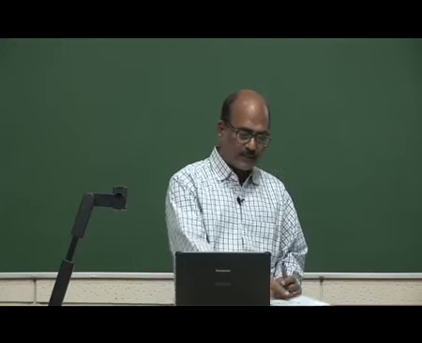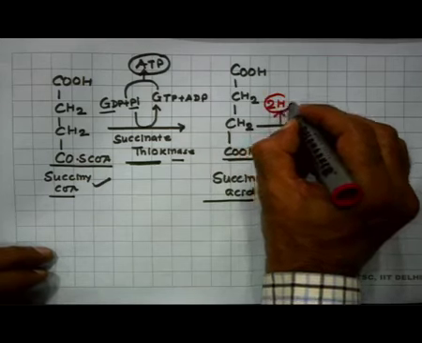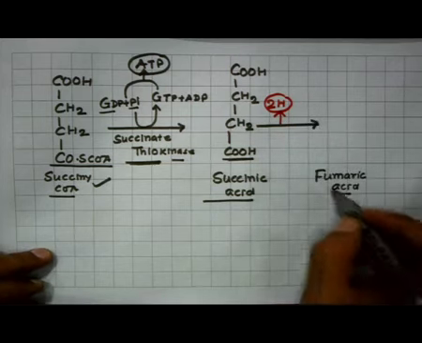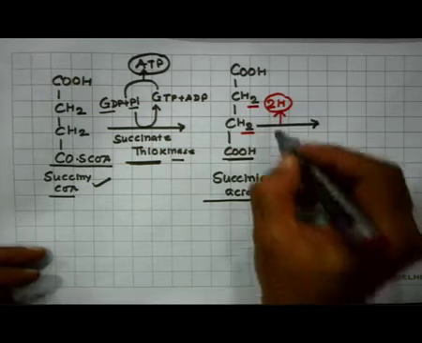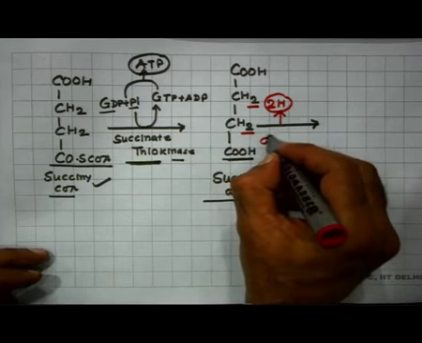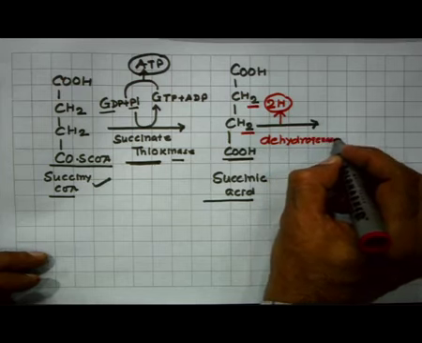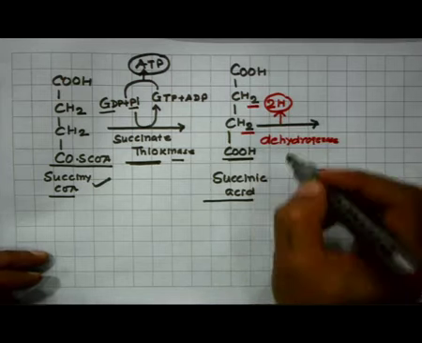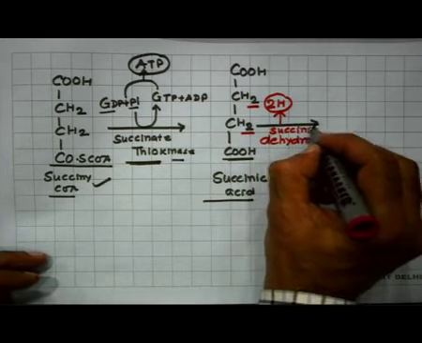Now, the next and seventh step of the Krebs cycle is dehydrogenation. In dehydrogenation, hydrogen is removed from this and this. The enzyme involved in the removal of hydrogen is dehydrogenase, no doubt. Here the substrate is succinic acid, so we can say succinic dehydrogenase.